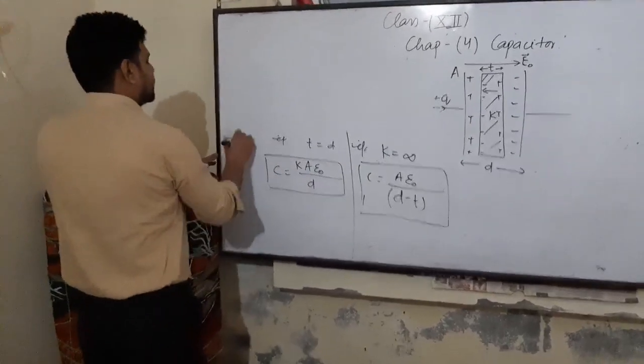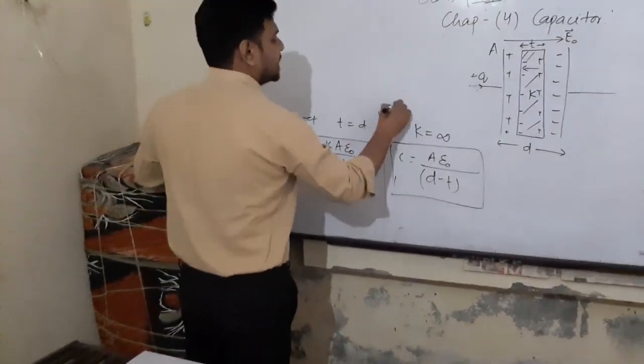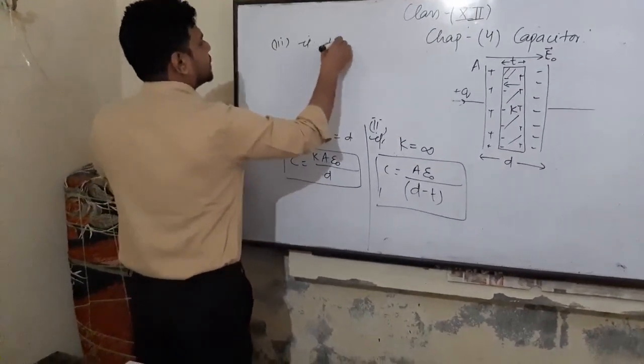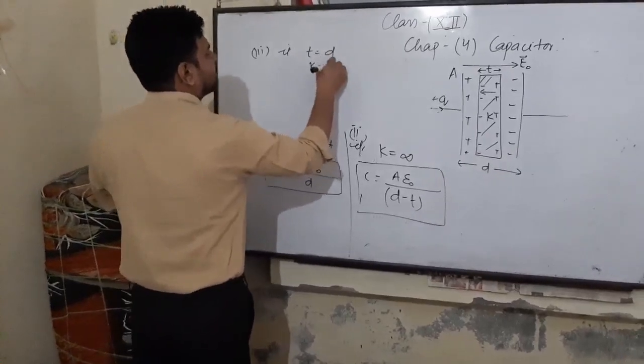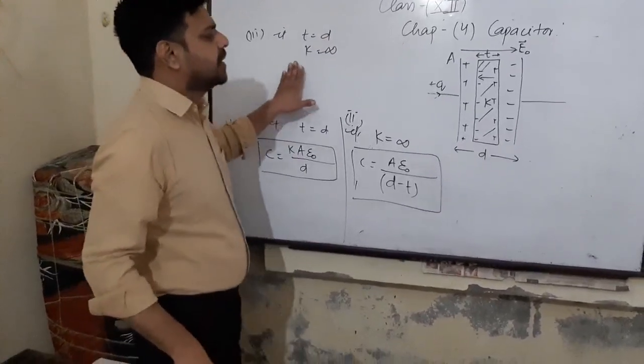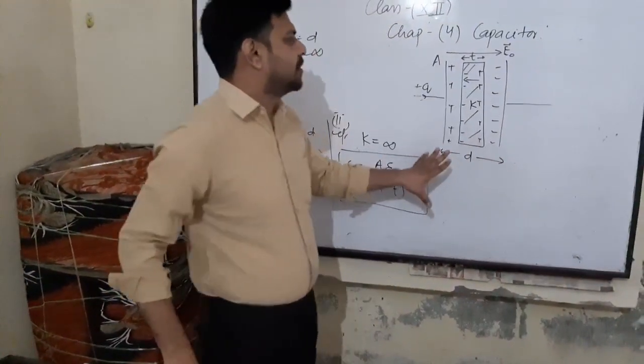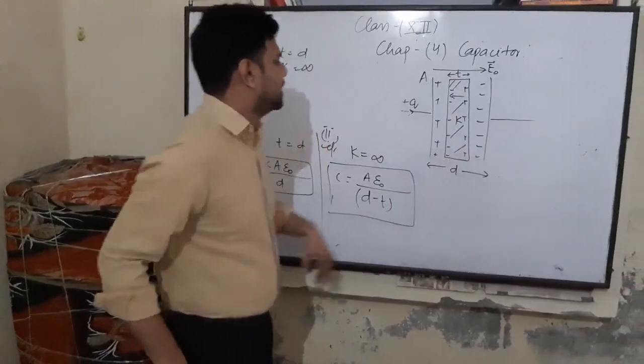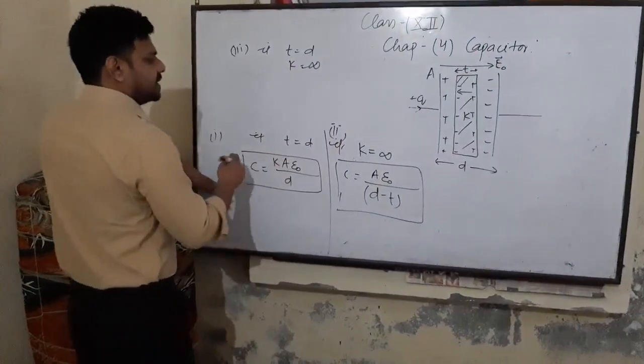Now case three. That was case one and case two, and now case three: if T is equal to D and K is equal to infinite. It means that instead of a dielectric slab, we have placed a metallic slab completely in the space between the plates of the capacitor.